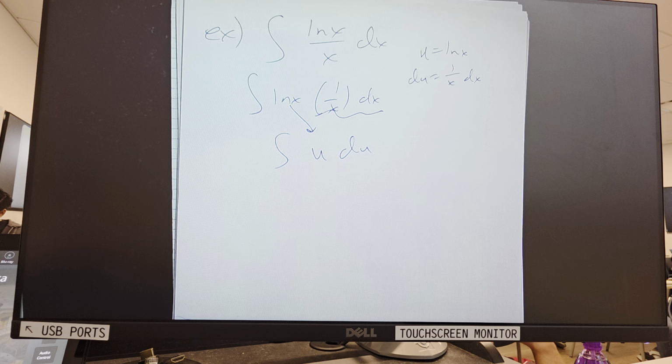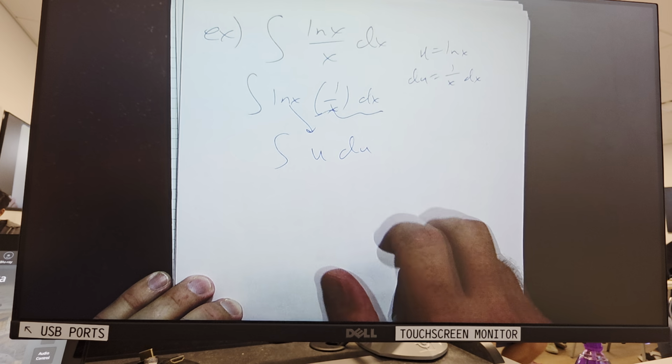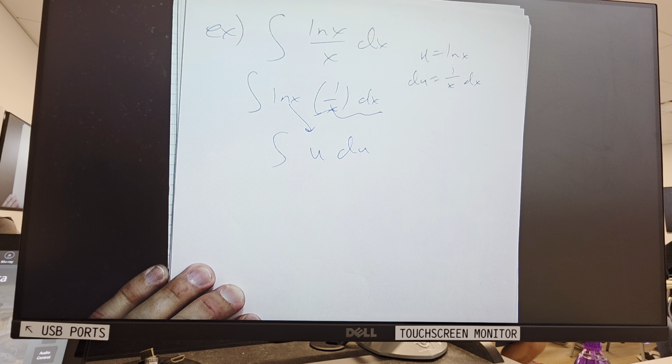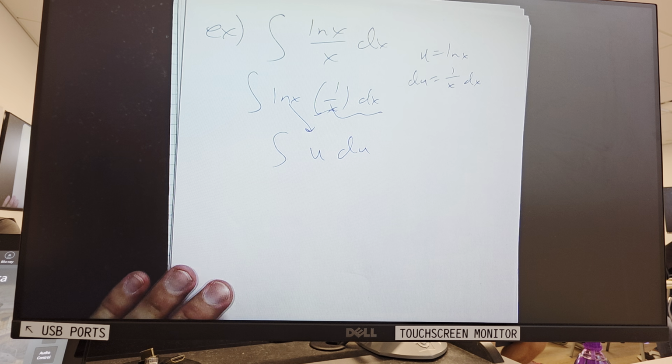Again, integral is stuff, derivative stuff. Integral stuff, derivative stuff. It's the same integral. And what's the integral of u? What's the integral of u? e to the x? No. u. No. u squared over 2. u squared over 2. There we go.